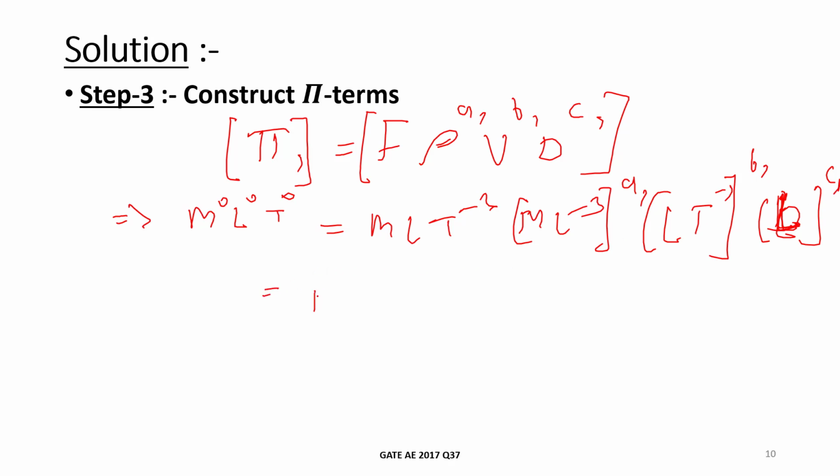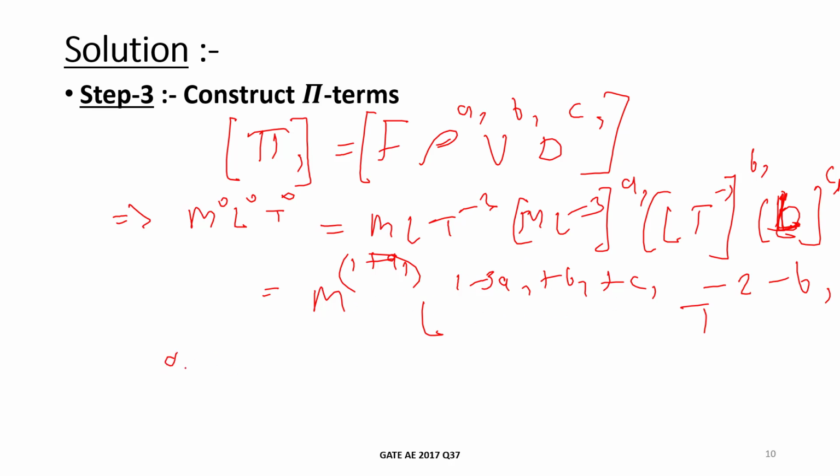So if we combine the powers, then it will be M to the power 1 plus a1, L to the power 1 minus 3 a1 plus b1 plus c1, T to the power minus 2 minus b1. So all these powers should be 0 for non-dimensional.